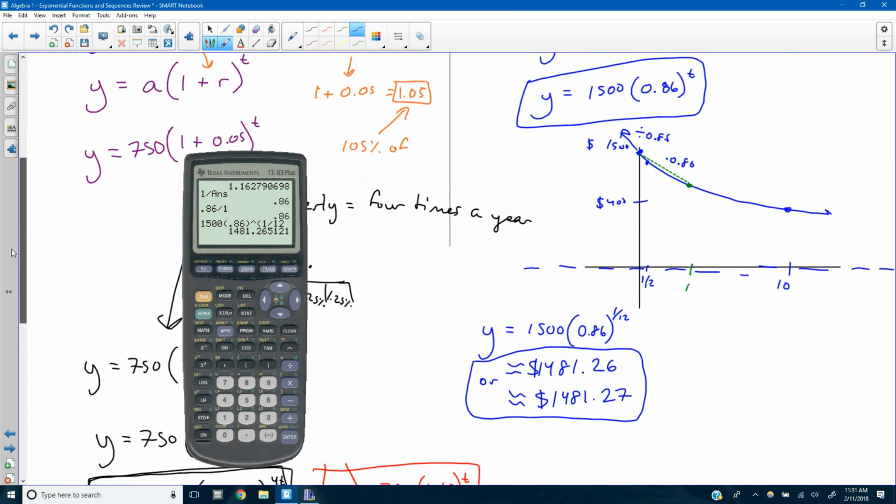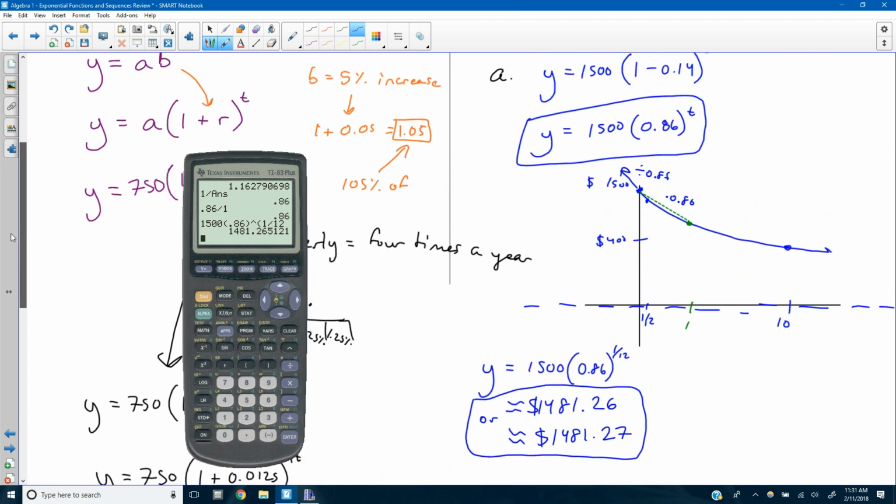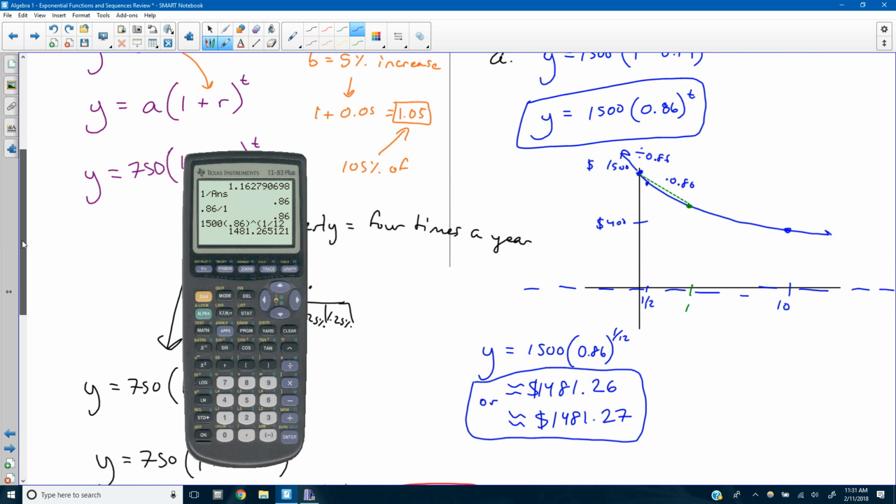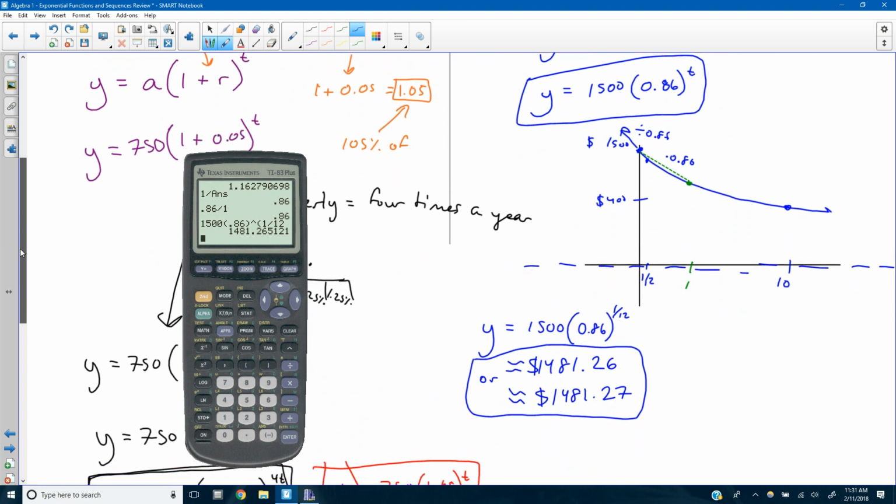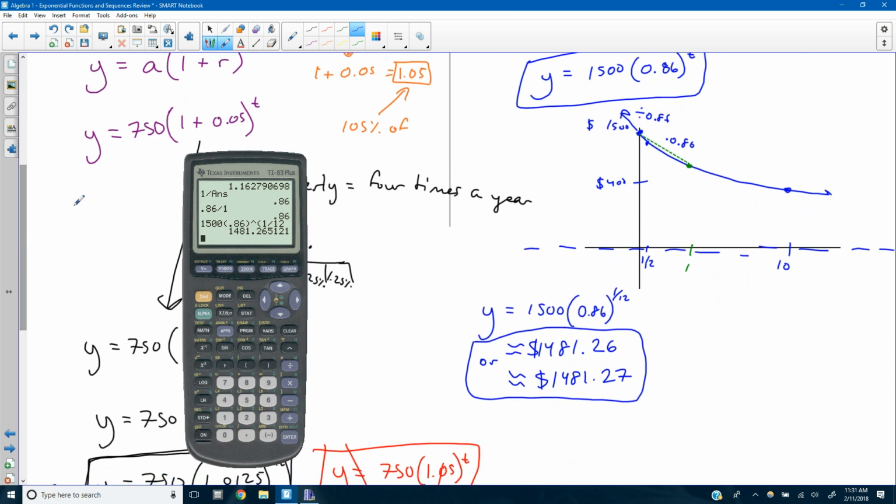It's kind of debatable when we're talking about decay. If we're talking about growth and it grew to this, we haven't reached the 27th cent yet. The question here is, have we taken off the 27th cent already? I think I'd say that you do take it off, so I'd probably err to that one, but either would be fine.